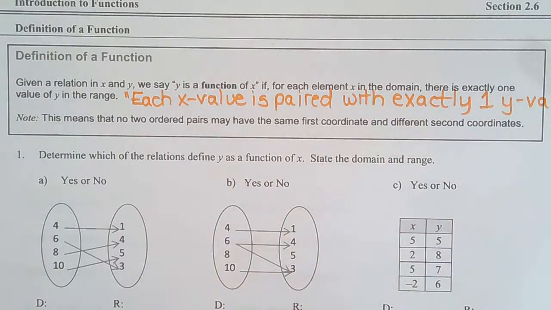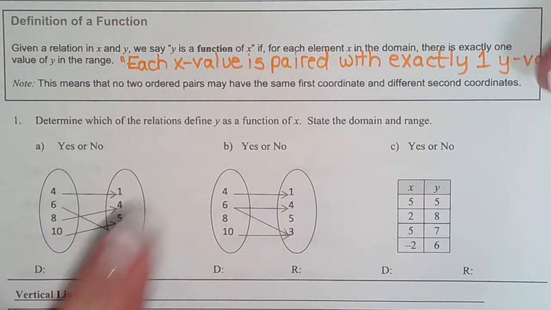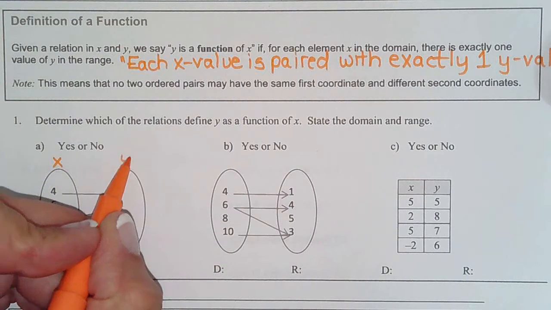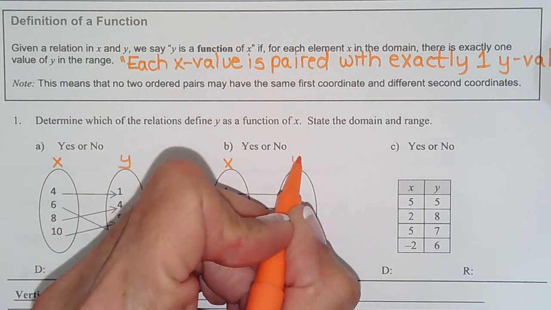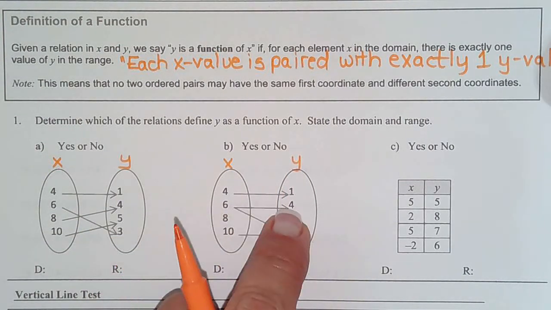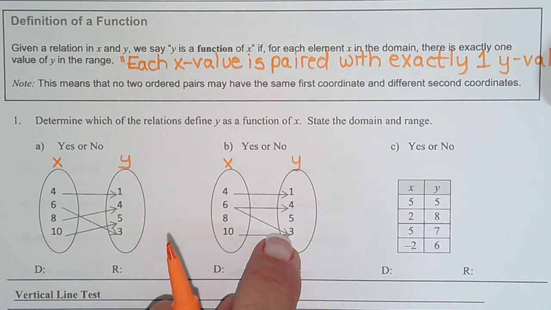So what that means is, let me show you one that's not. This x value, because x is always on the left, y is on the right. It's always alphabetical order. This x, 6, is paired with 4. And then here it is paired with 3. Can't happen.